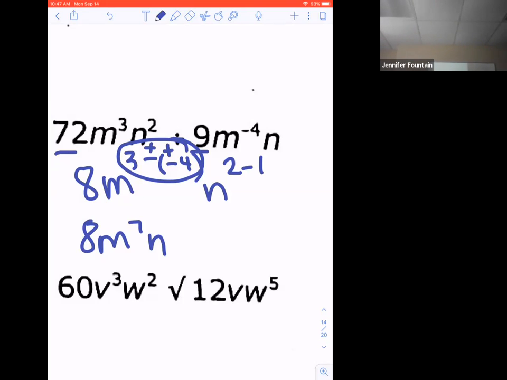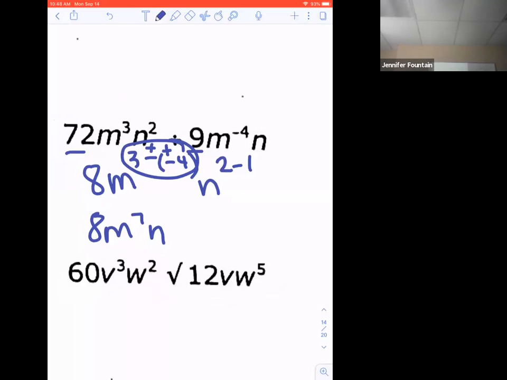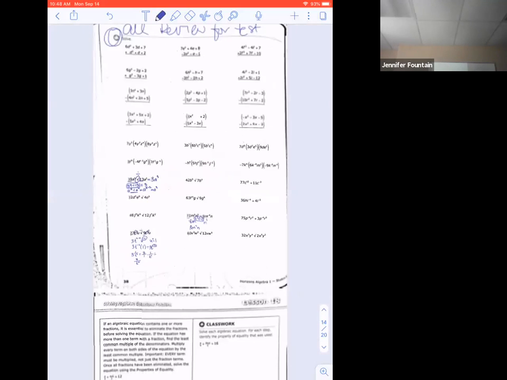Then 25p to the negative 2nd, r to the 3rd, I think, or is it negative 3rd? Negative 3rd. Okay. All right, and then the last one is 16x to the negative 2nd power y squared. Any questions in the left-hand and in the right-hand column?